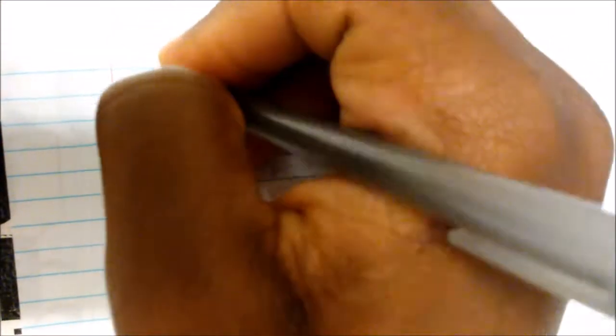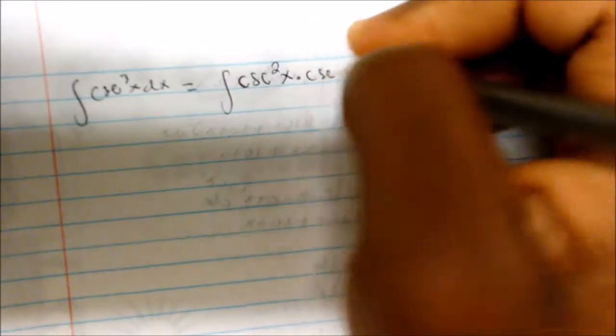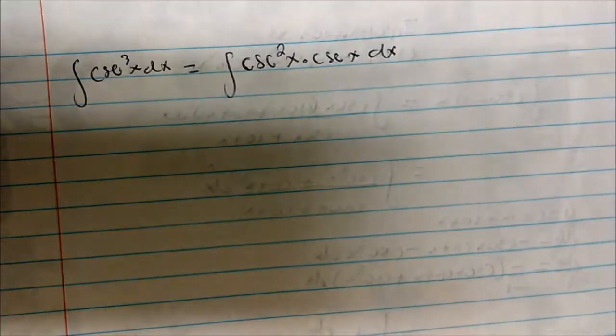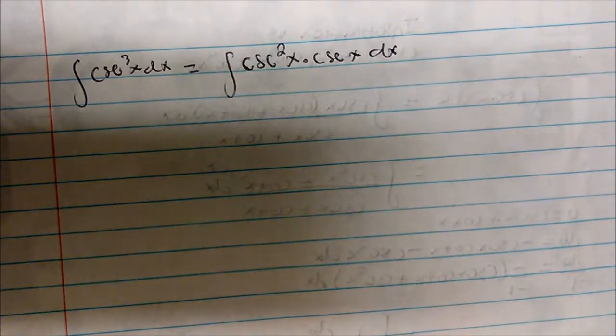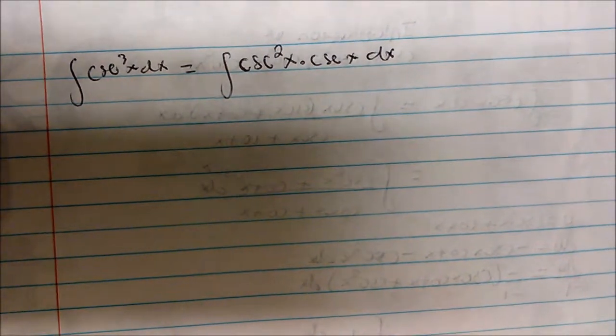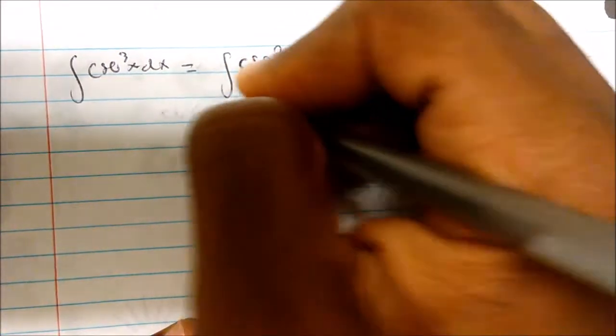Now what about cosecant cubed of x dx? Well, again, for this one, we've got to use integration by parts. And so if I look at this, this becomes cosecant squared of x times cosecant of x dx. And all I'm doing is rewriting in such fashion that I can use integration by parts. Well, I know my antiderivative of cosecant squared of x.